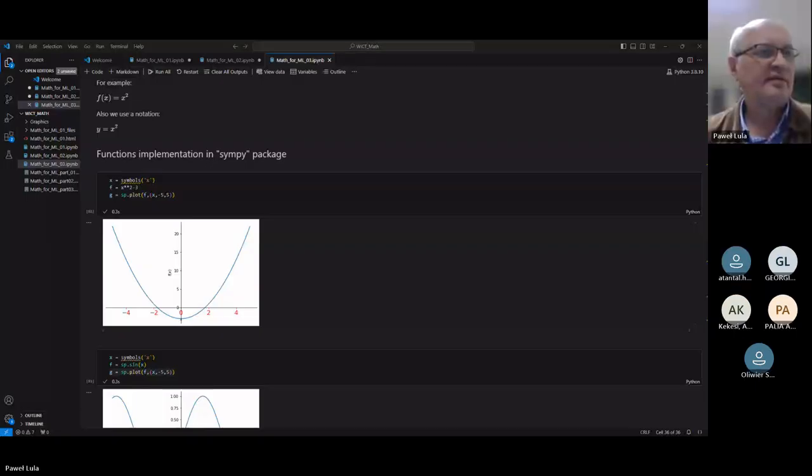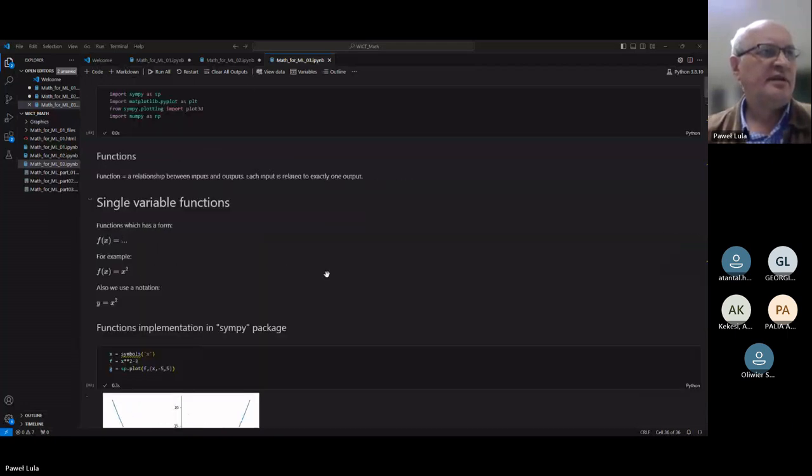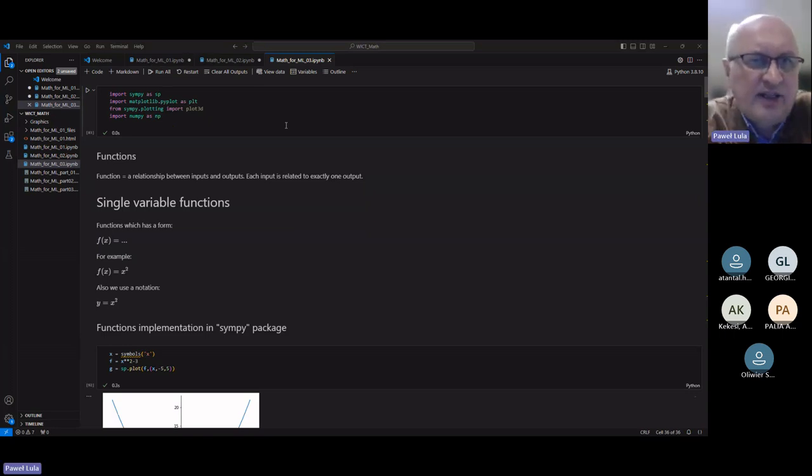So as usual, I'm going to share my screen. It is a notebook for today. And of course, at the beginning of this document, I attached libraries, packages, which I will use during calculations. So you see that I'm using the Matplotlib library for graphical presentation of data.